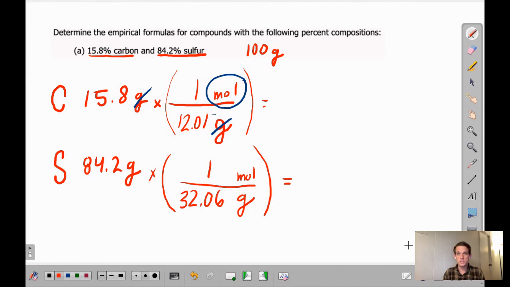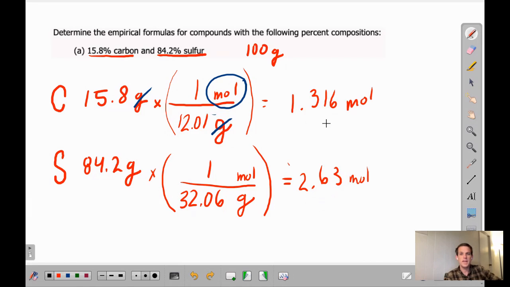Okay, calculation time. So those are the numbers that we have: 1.316 moles for our carbon and 2.63 moles for our sulfur. As you might know, we can't just say carbon 1.316 and sulfur 2.63.